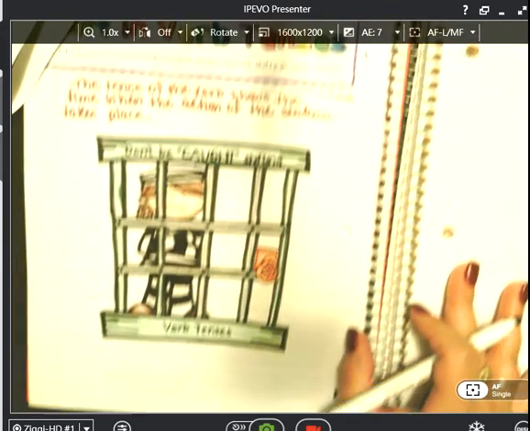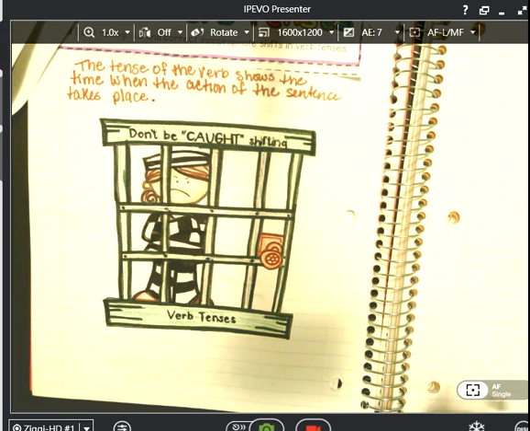And then down underneath here where you've got this space, we're going to write shifting between verb tenses.